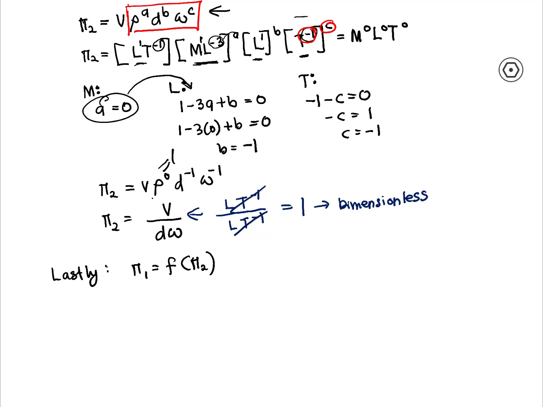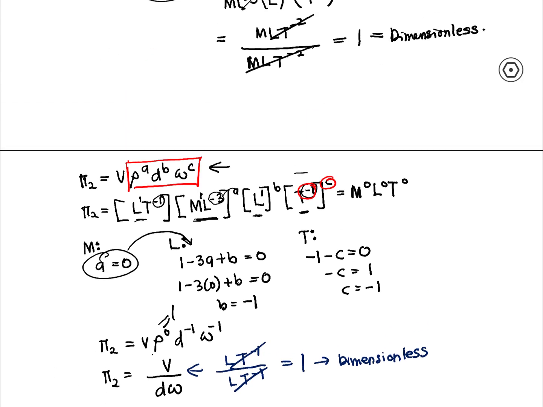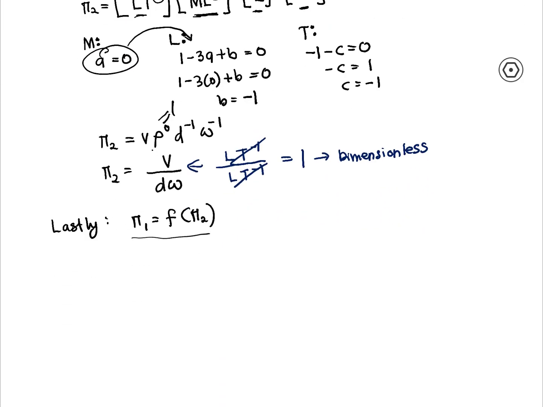Then we substitute into this equation. So our pi 1, Ft over rho d to the power of 4 omega square, is a function of v over d omega.